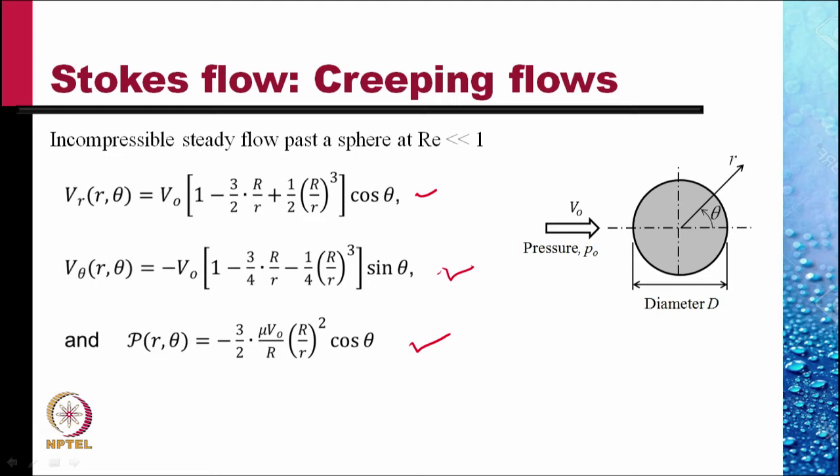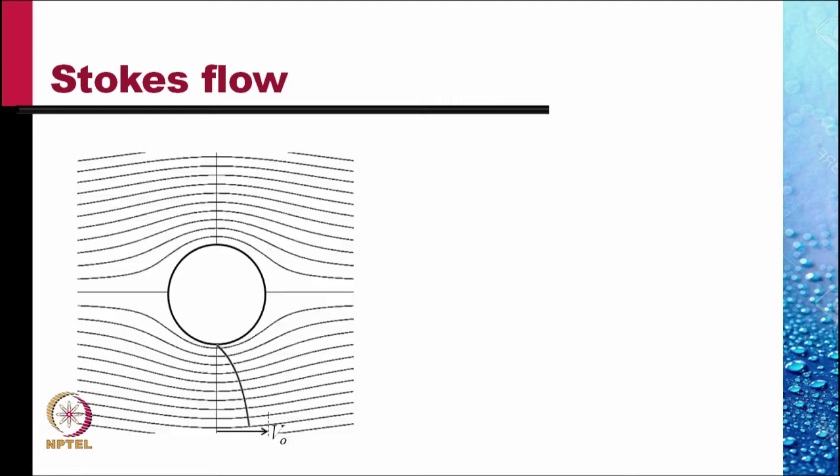We give these equations without proof because the mathematics involved is a little more complex for students at the first course level. If we plot the streamlines, they look like this. This shows the velocity profile at the shoulder of the sphere.